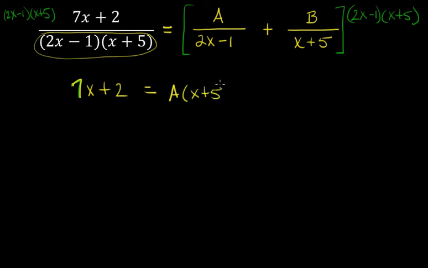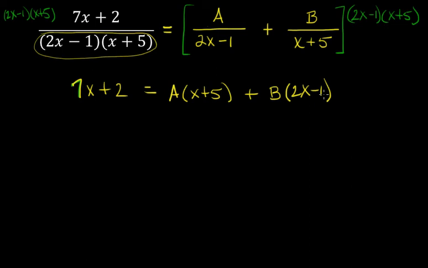Plus, similarly, we multiply this to the B over x plus 5. The x plus 5 cancels, and we have B times 2x minus 1. So that's called clearing the denominators.